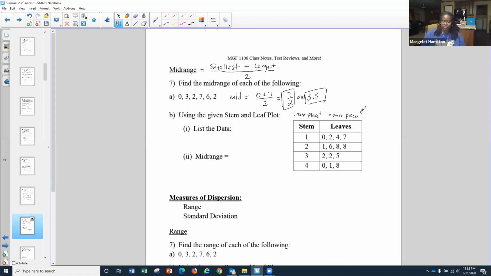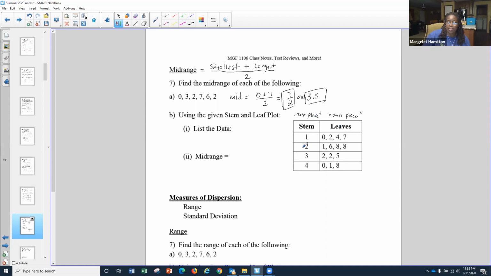When we're reading our stem and leaf plot, in our first row we have a 1, and the leaves we have 0, 2, 4, and 7. This tells me that we have the numbers 10, 12, 14, and 17.